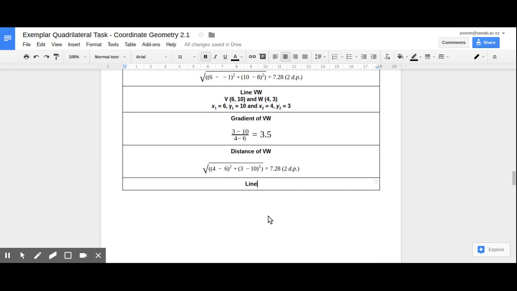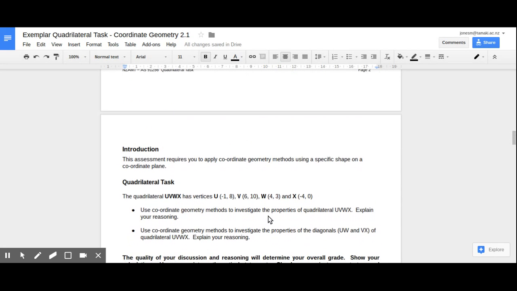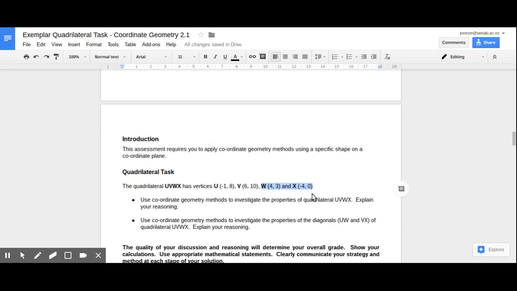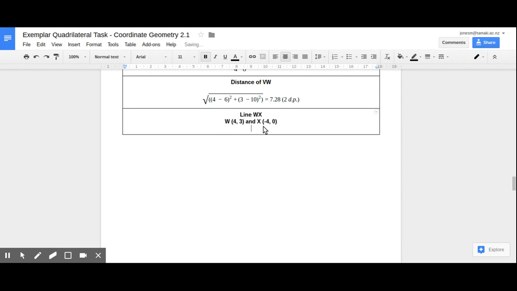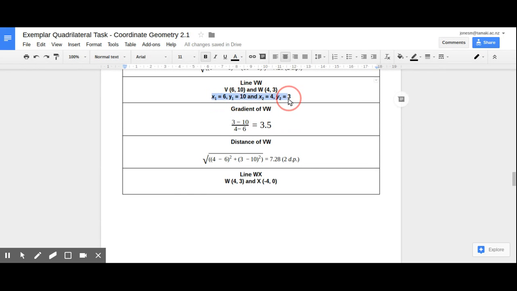So we're going to do line WX, so we've got W and our X. And then we've got our x1 here is 4, our y1 is 3, our x2 is negative 4, and our y2 is 0.